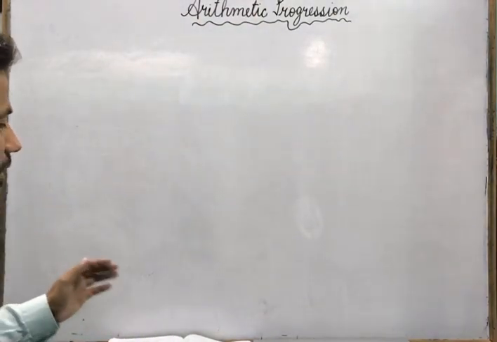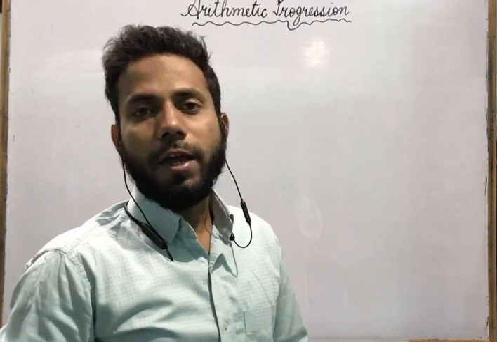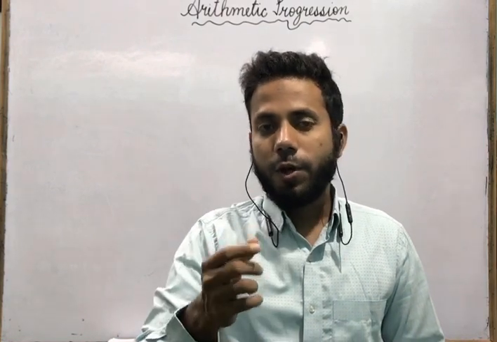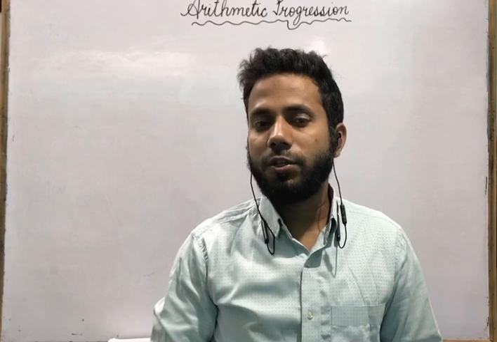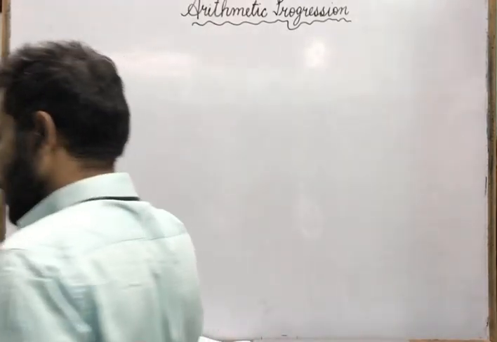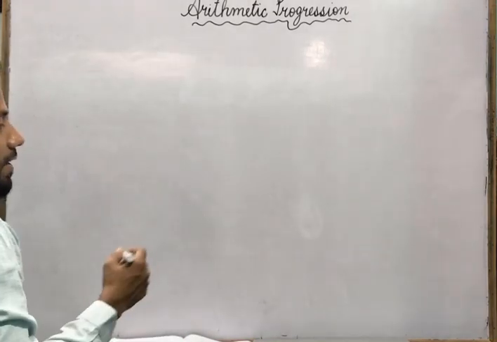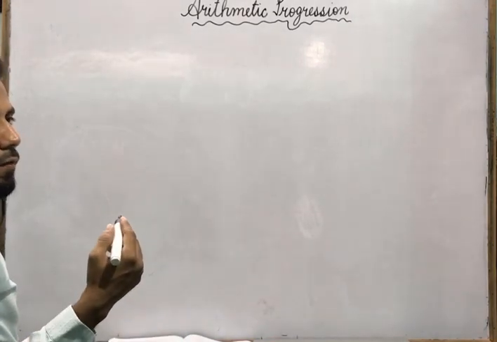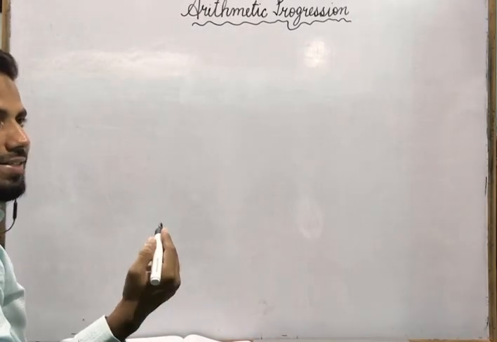So today we'll study how to find an AP, or how to find any term of an AP, or how to find the first term and the common difference of the AP when an equation is given in statement form. For example, if I say that the 10th term of an AP is twice the 5th term.